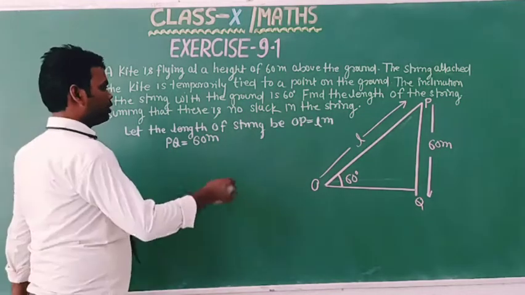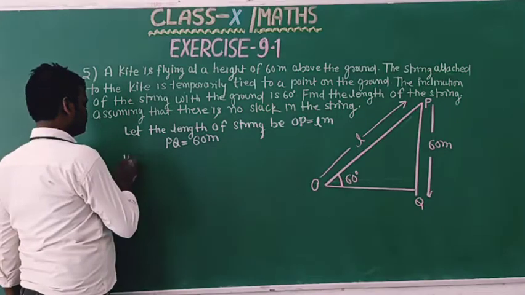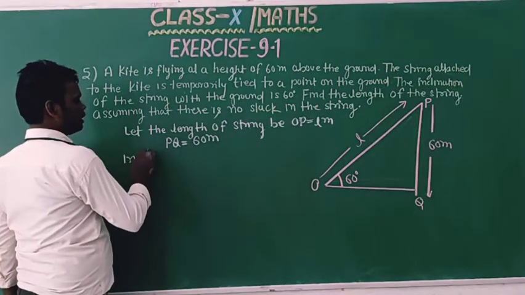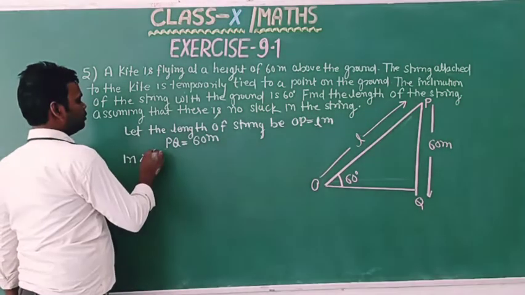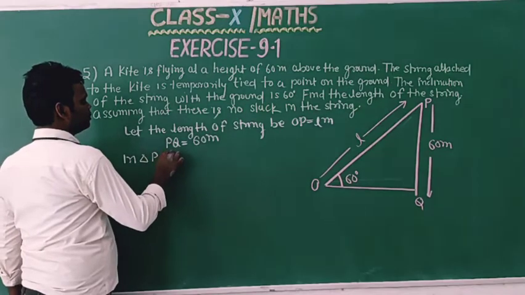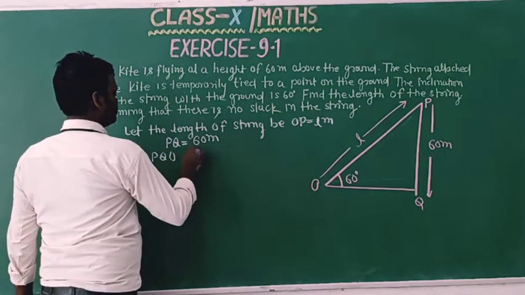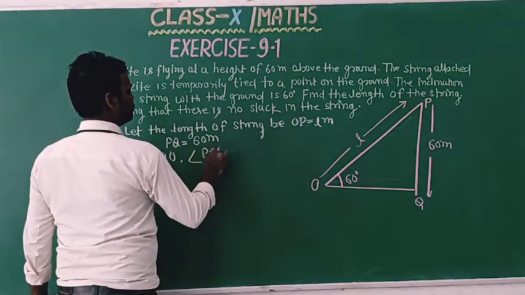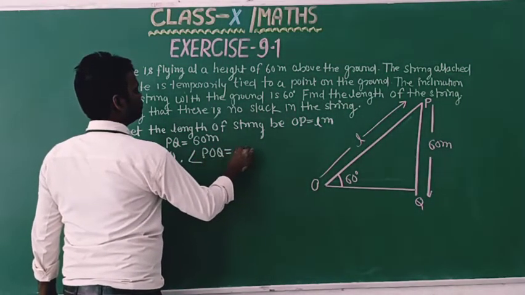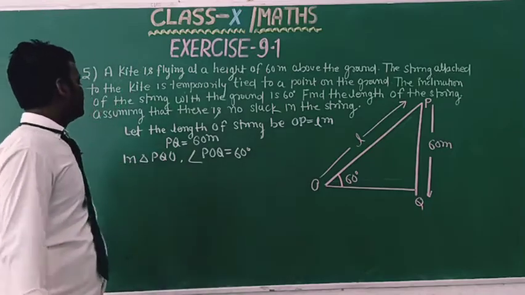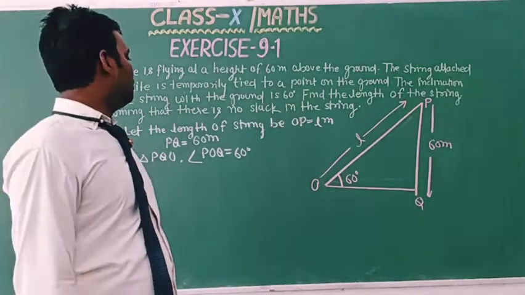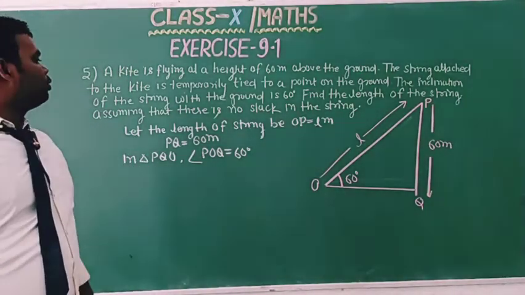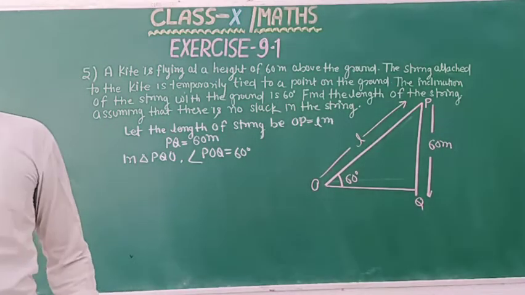So now in triangle PQO, angle POQ equal to 60 degree.